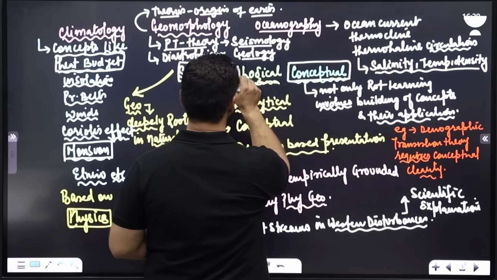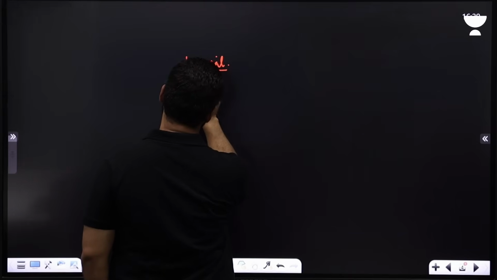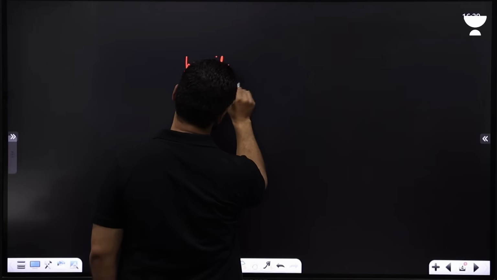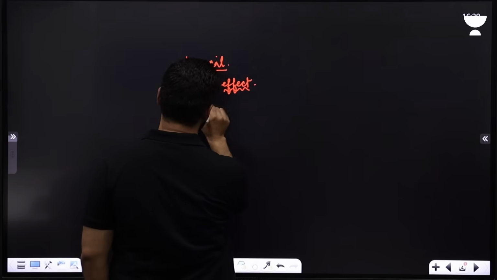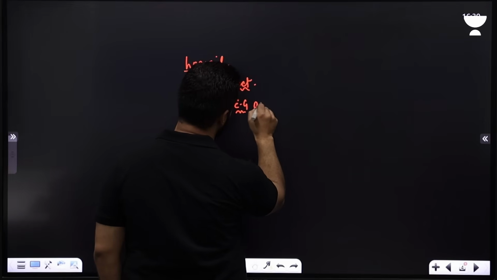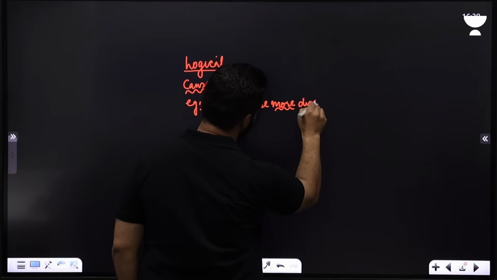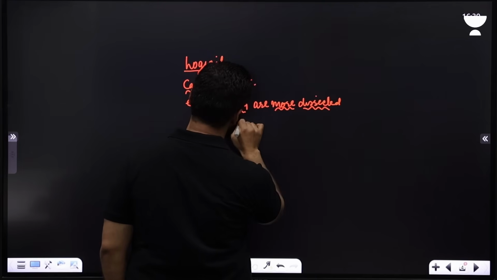Another part is what makes geography as a logic-based subject. It is cause-effect relation. For example, if I say, why Eastern Ghats are more dissected than Western Ghats.